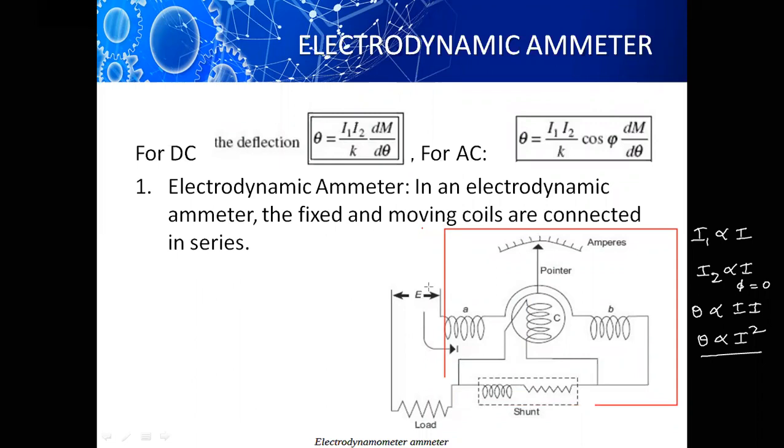To measure the load current, we connect the ammeter in series with the load. To measure the load voltage, we use voltmeters, and those are to be connected in parallel to the load. Then only the load voltage will be equal to the voltage across the meter.